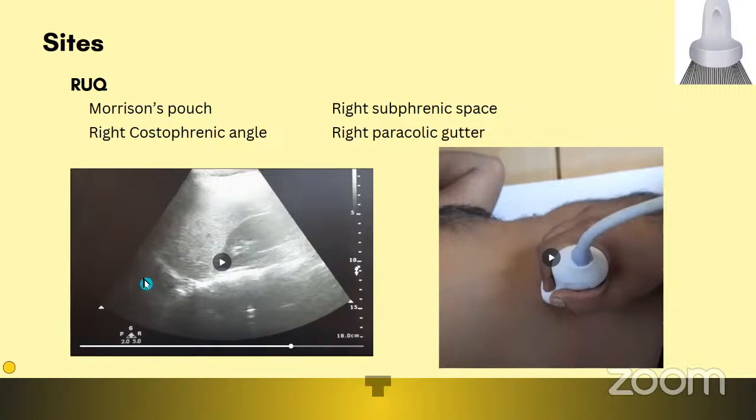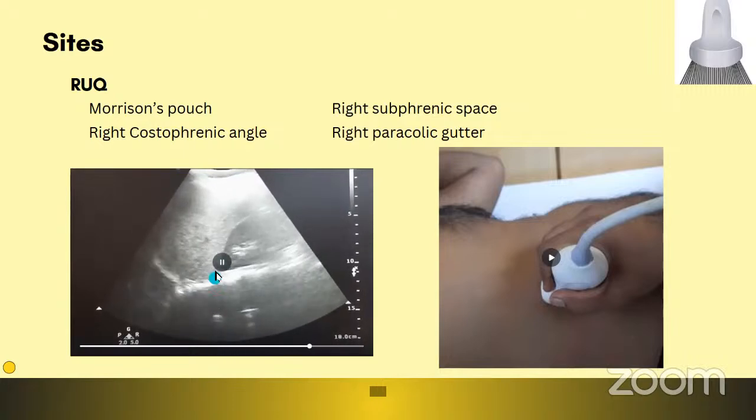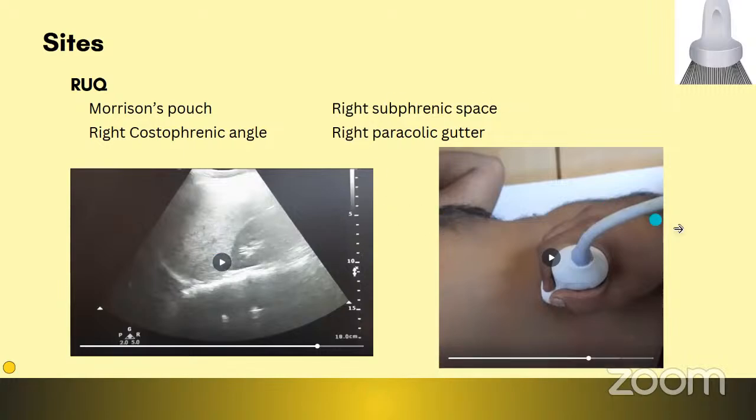If there's fluid collection in the pleural space, we can see a hypoechoic region here, just above the diaphragm. It will be much darker than the surroundings. Good. And there are other things too, which we will deal with in the application part.